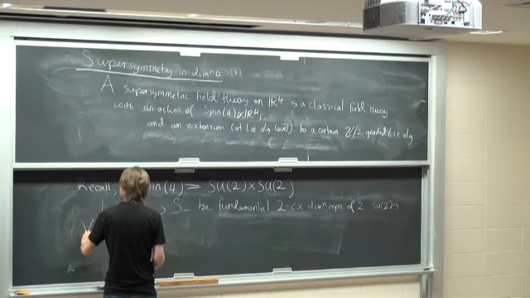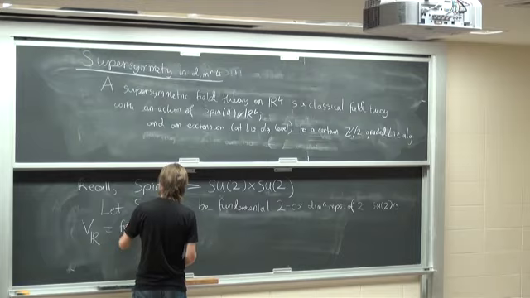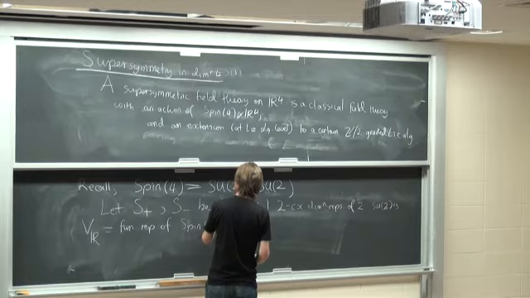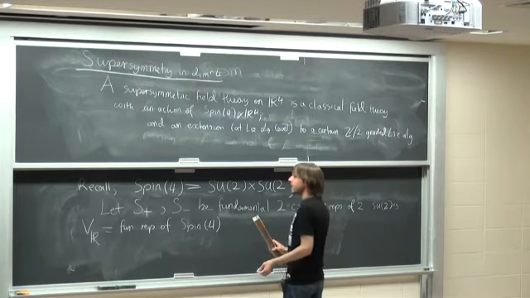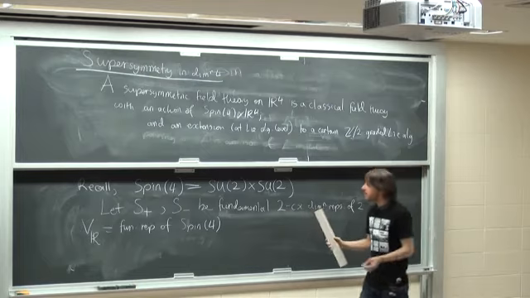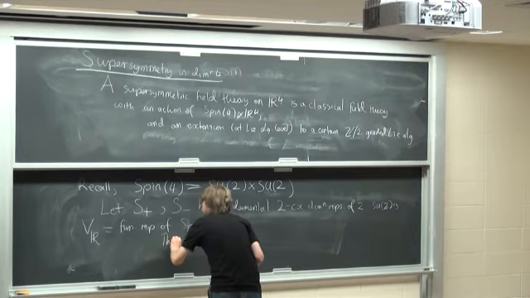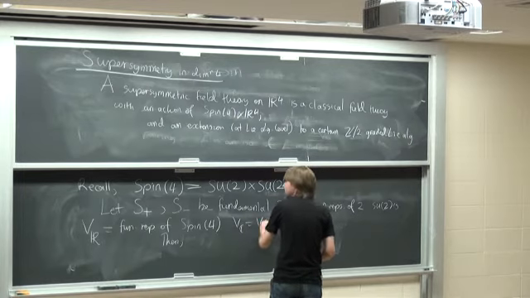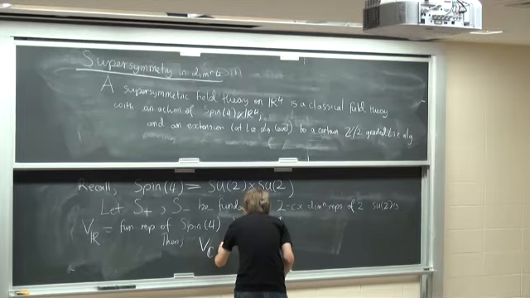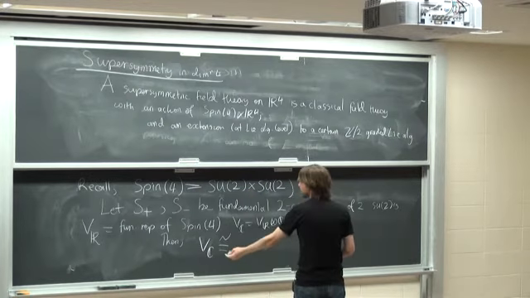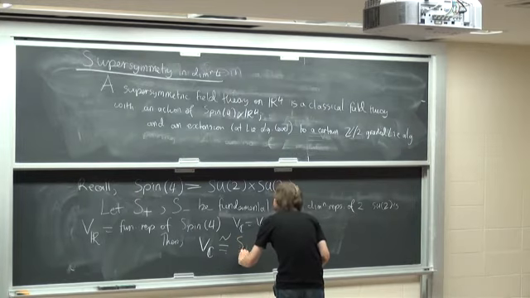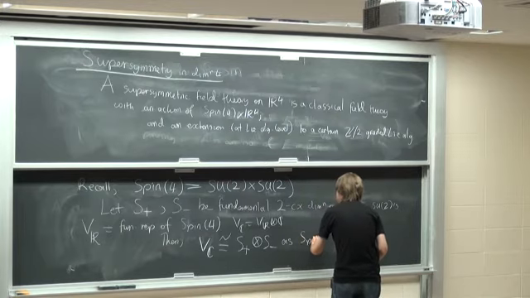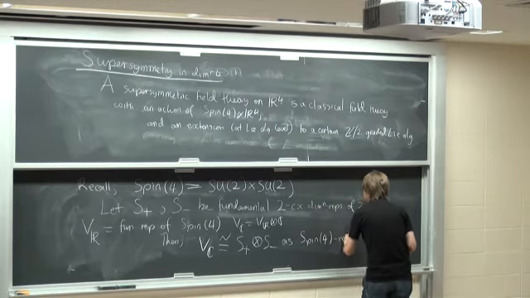We let V be the fundamental rep of Spin(4). So then, when I tensor with C, say V_C, there's an isomorphism between the complexification of V and S plus tensor S minus as Spin(4) representations.